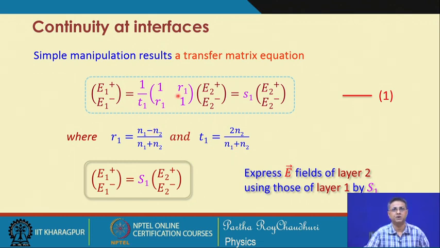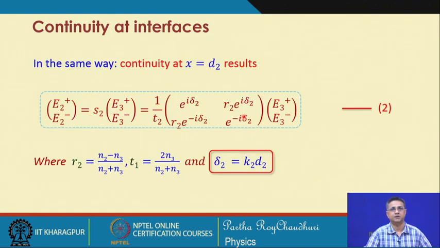In terms of this I can write S1 equal to this equation, and this tells you that electric fields of layer 2 using those of layer 1 can be expressed by a matrix multiplier S1, and this process can be continued for other layers as well.